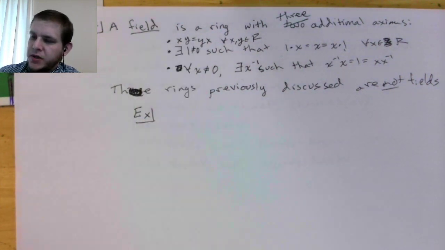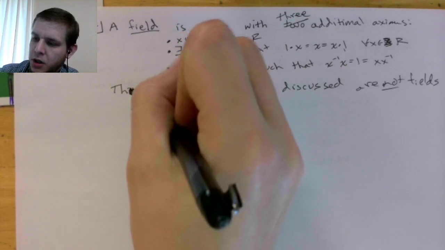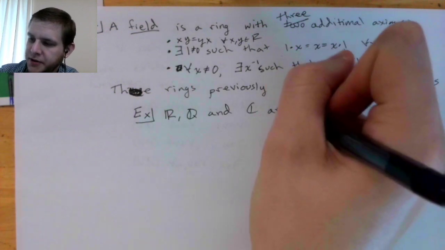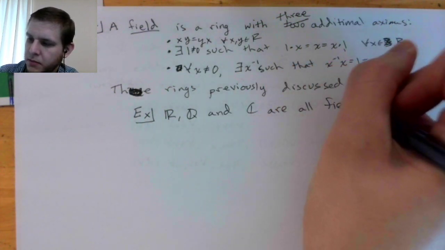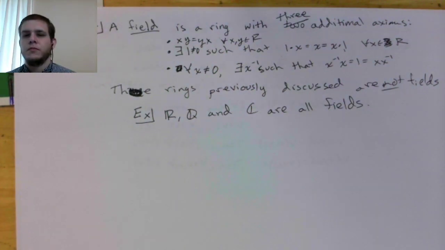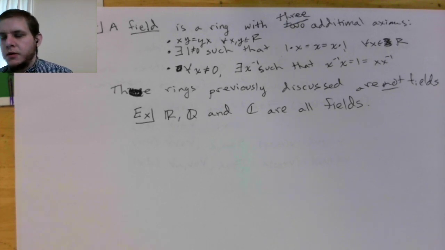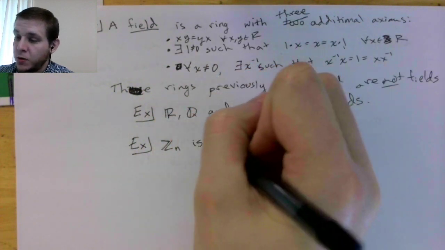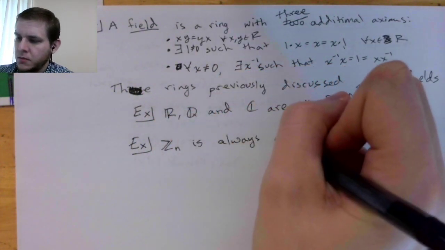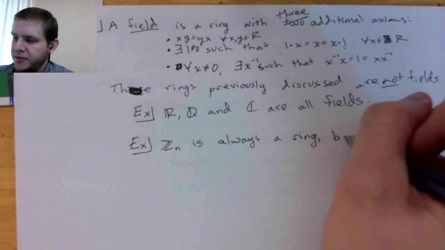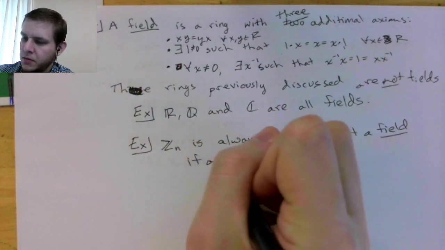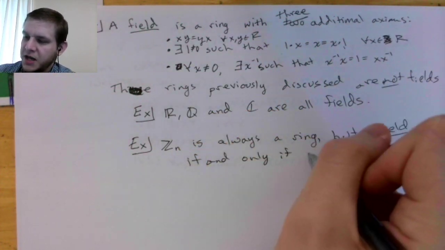Okay, so examples of fields. R, Q, and the complex numbers are all fields. Z_p, or Z_n, as a field, is always a ring, but a field if and only if n is prime.